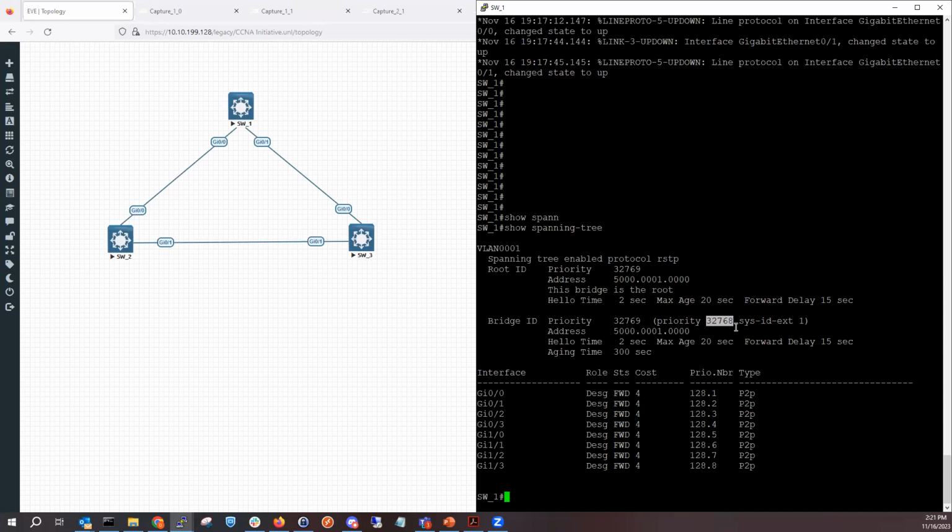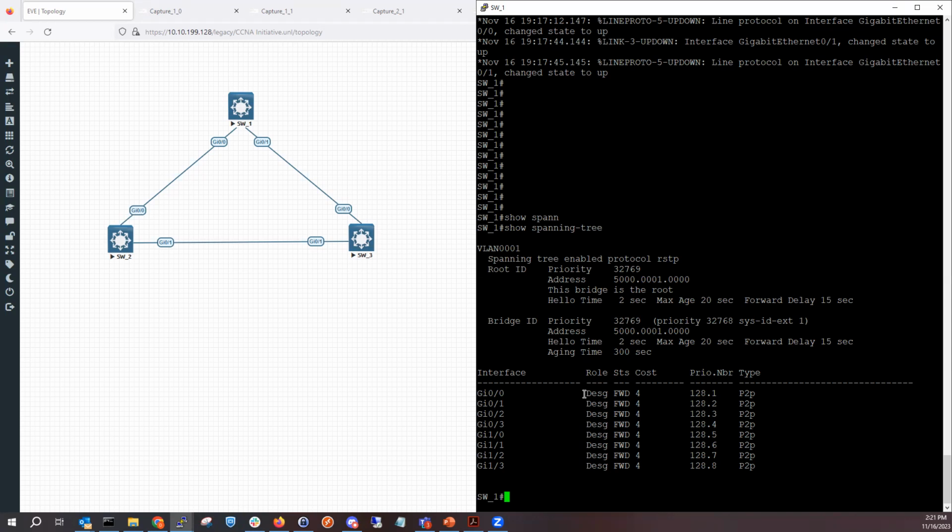If I have VLAN 1, it's going to be 32768 plus 1, which makes it 32769. If I had VLAN 2, it'll be 32771.